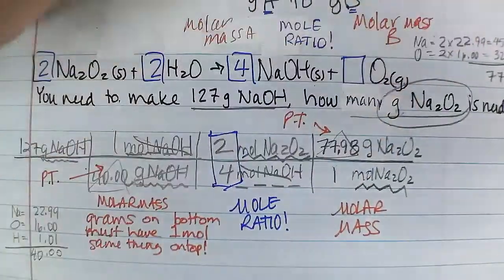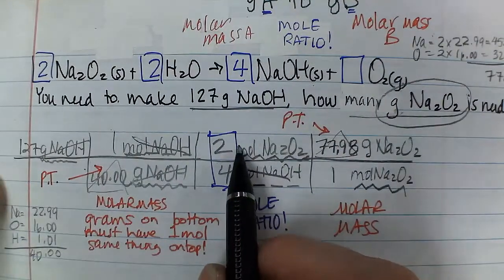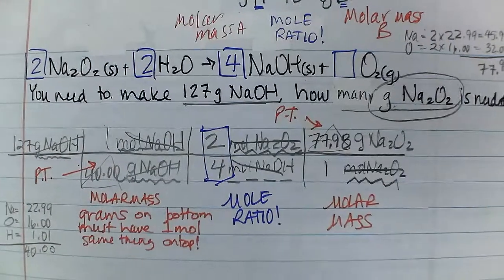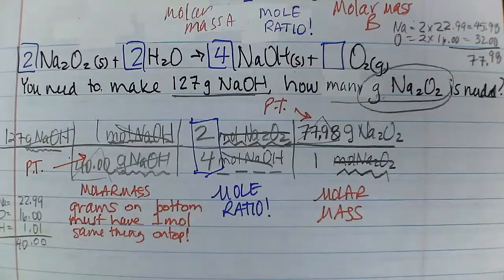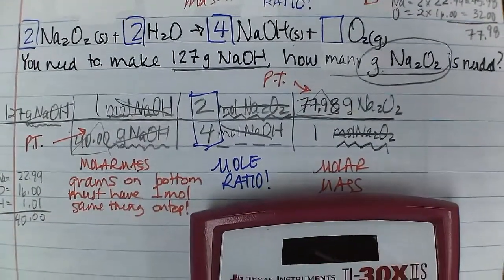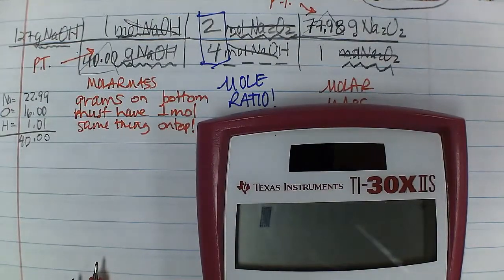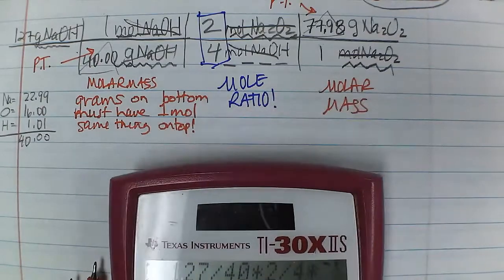So now, all that's left after I cross out my moles of Na2O2 is to put this into my calculator. So let's do that. 127 divided by 40 times 2 divided by 4 times 77.98 equals.